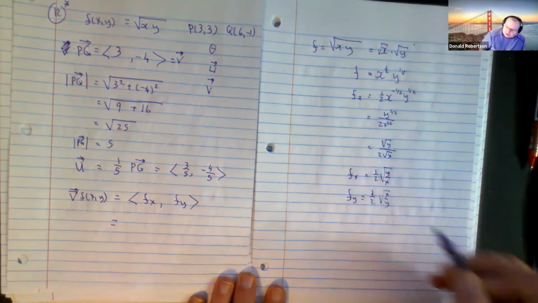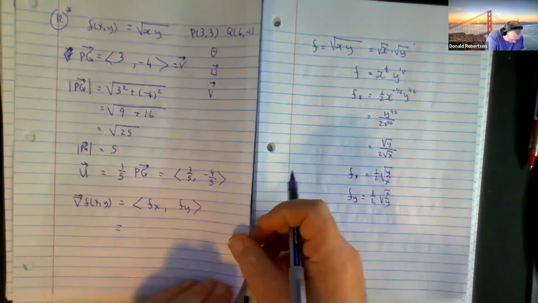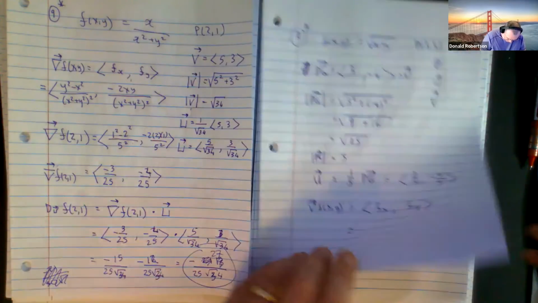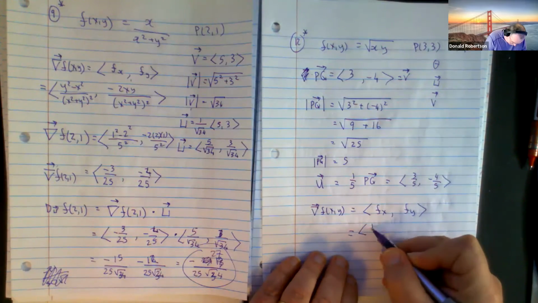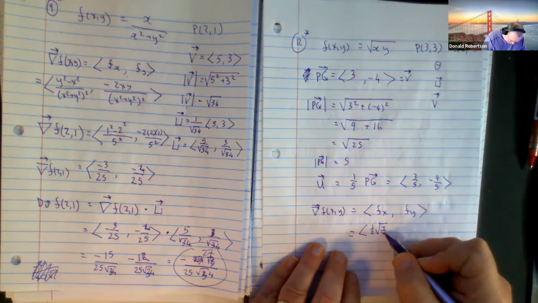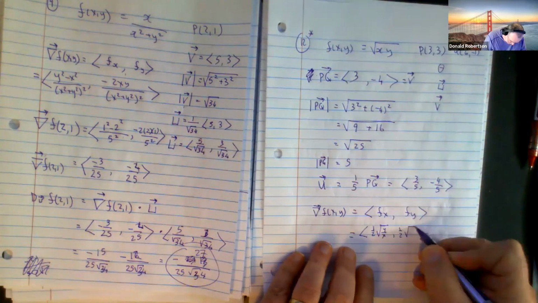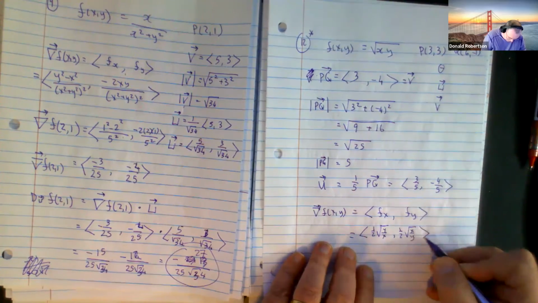Agreed. Don't you just switch the x's and y's? So we now have the partial derivative with respect to x, and the partial derivative with respect to y. That's good.